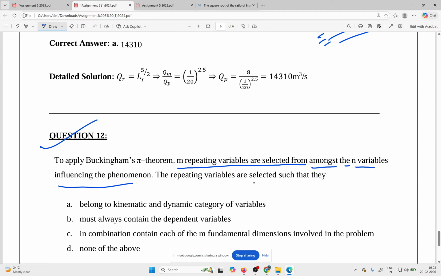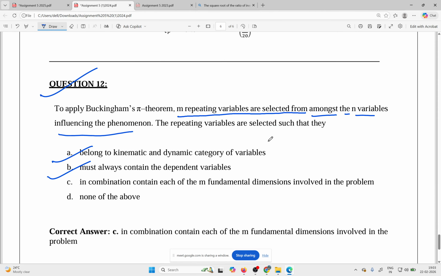The repeating variables are selected such that they belong to kinematic or dynamic category of the variable, must always contain the dependent variable, in combination contain each of the fundamental dimensions involved in the problem, or none of the above. Remember please, this is very important. Option C is correct: in combination contain the m fundamental dimensions involved in the problem.